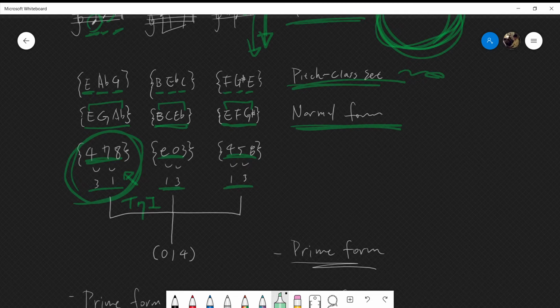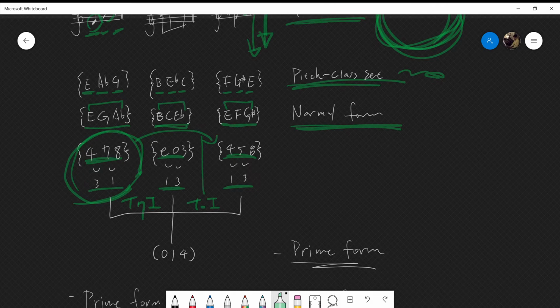They are related by T7I, right? And from here to here, they are related by T0I, right? So these two are related by some kind of transformation, either transposition or inversion, right?